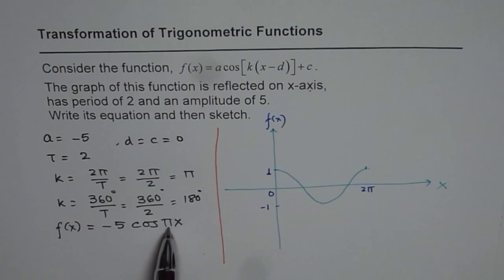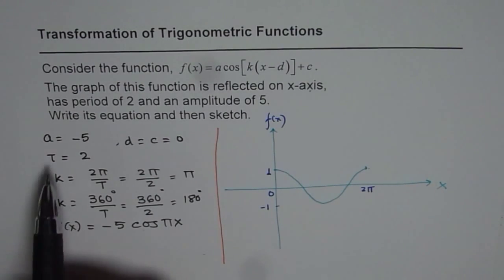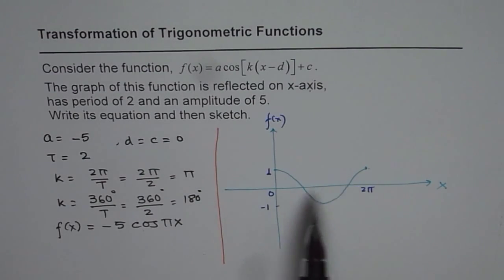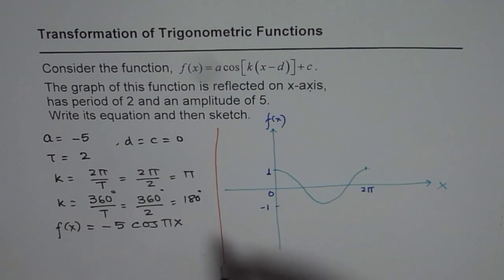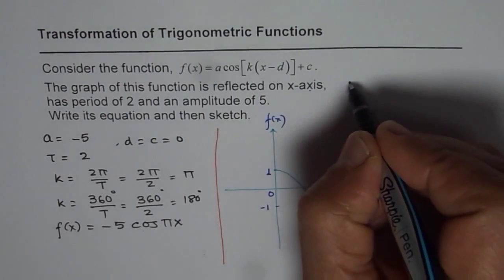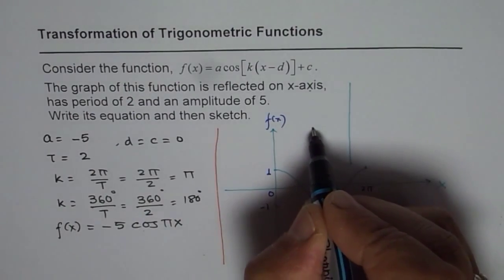So the time period has changed, and time period has changed to 2, right? So let's forget about what we have drawn here, but I'll finally sketch the function now. Okay, let me make a new scale since the time period is different. Let me sketch it here for you.